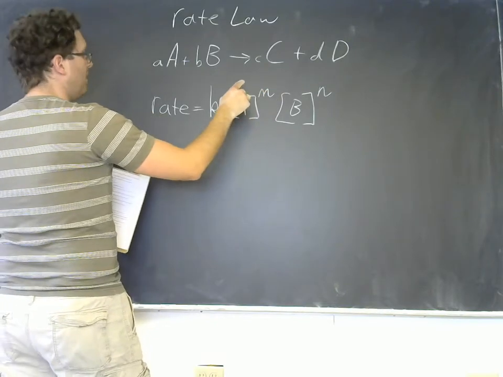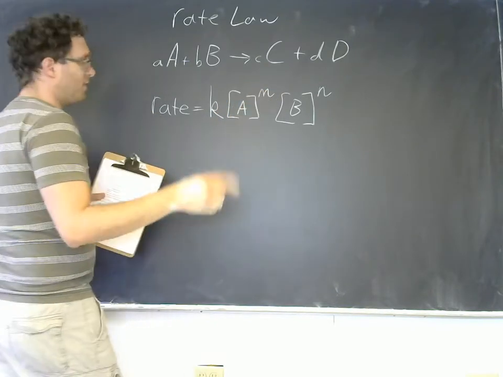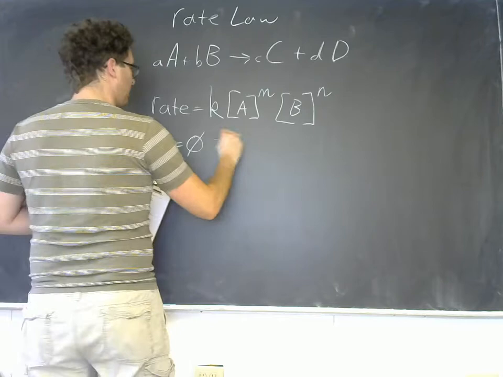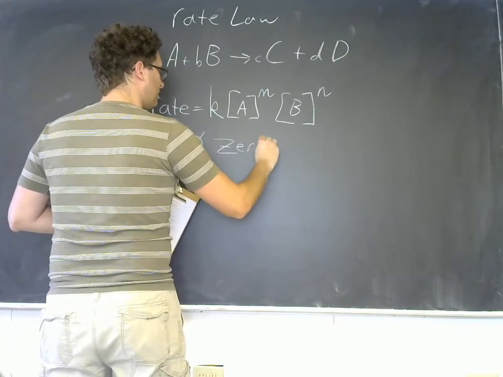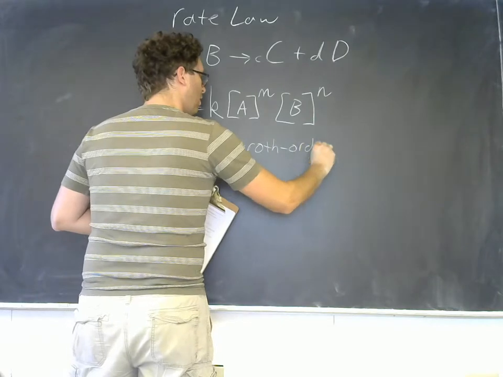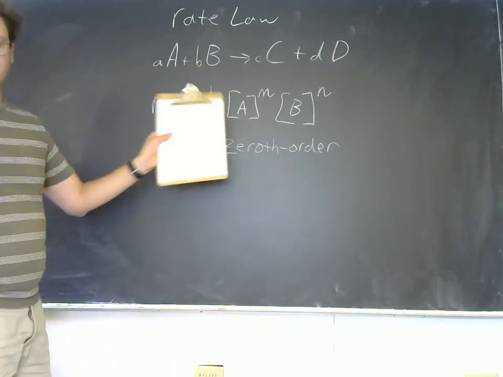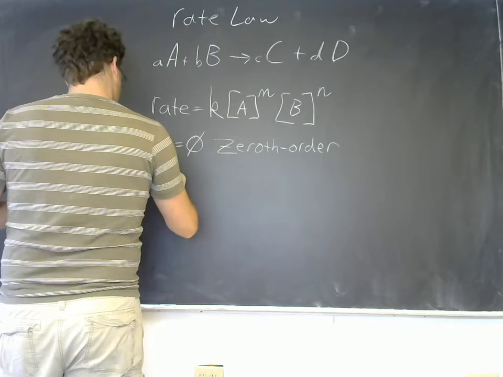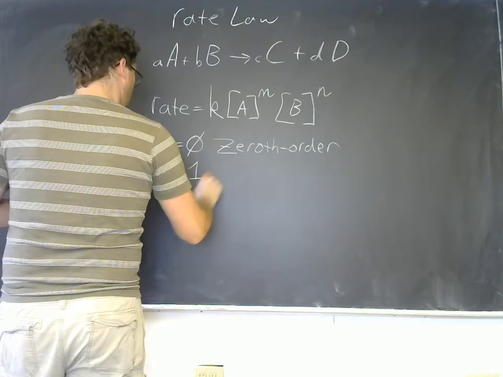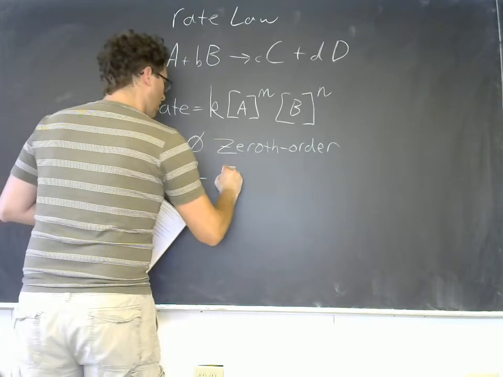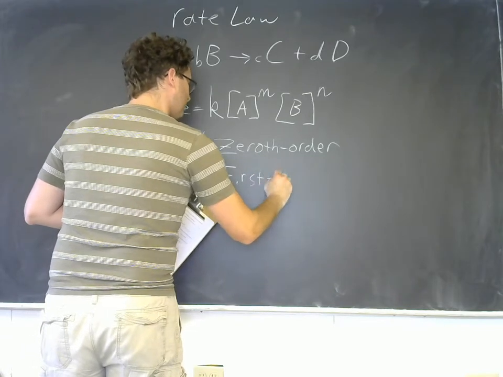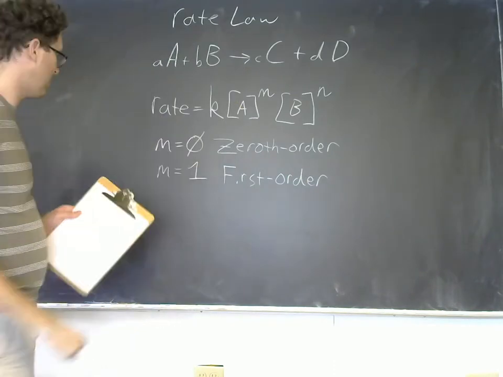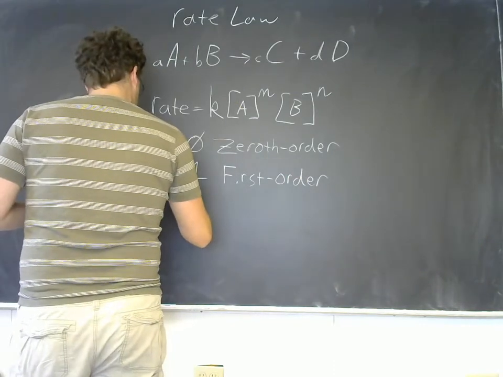They are going to be an integer, and so m could be 0, and this would be what we call a reaction which is 0th order with respect to reactant A. m could be 1, and this is what we would call first order with respect to reactant A, and m could be 2.